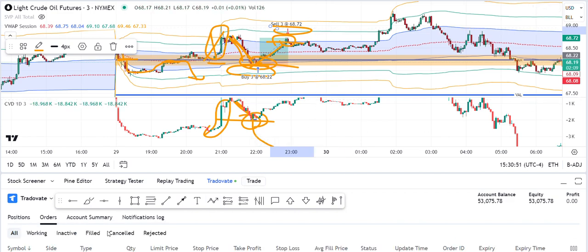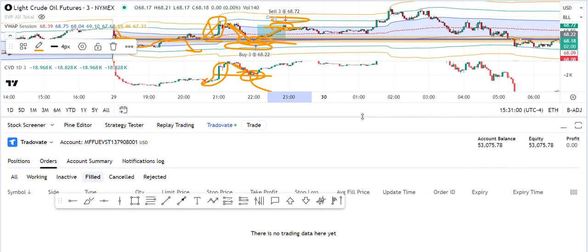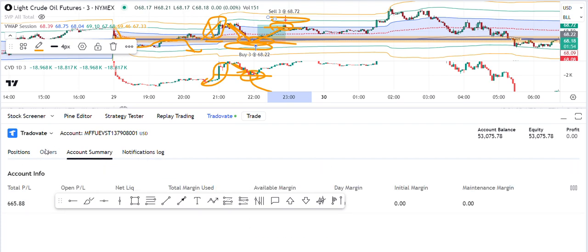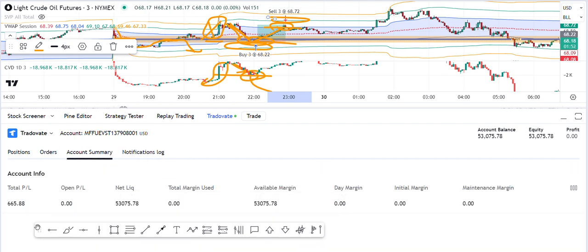So let's go into orders. And the morning I actually took, oh, it's not even showing. I don't know why it's not showing. Yeah, it's kind of weird. $665.